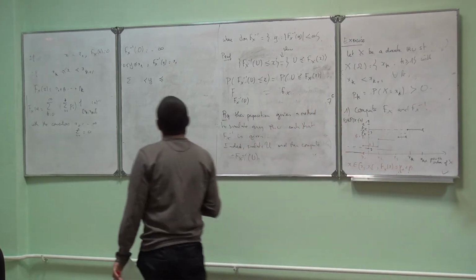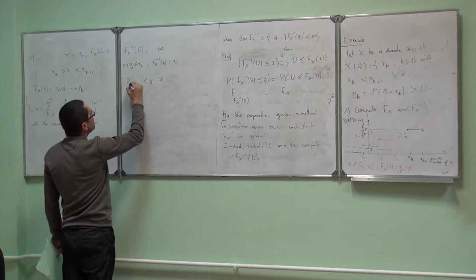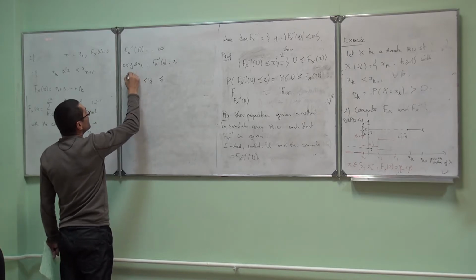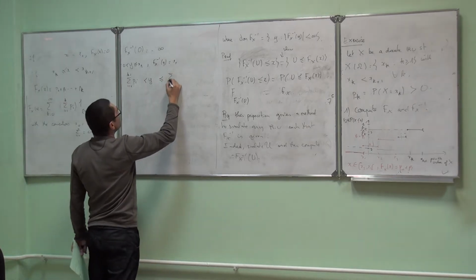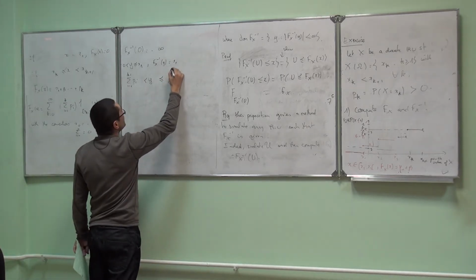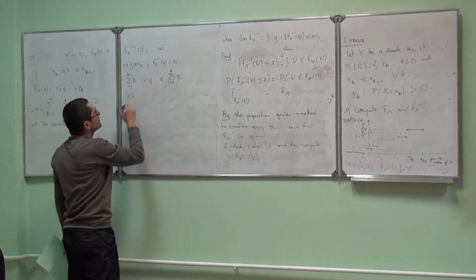Okay. Then, for y between the sum of p_i for i equals 1 to k minus 1 and the sum for i equals 1 to k of p_i, then, sorry?